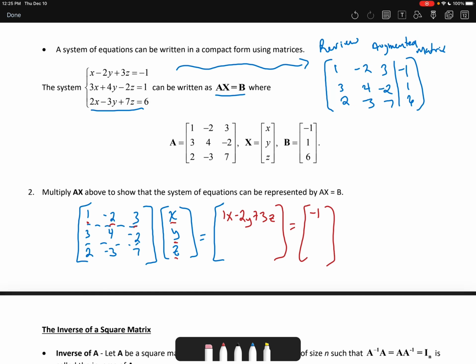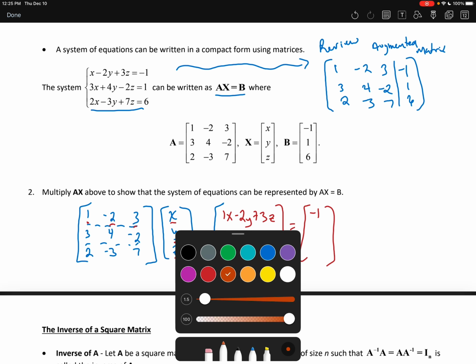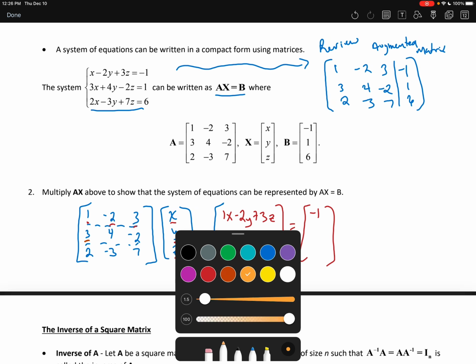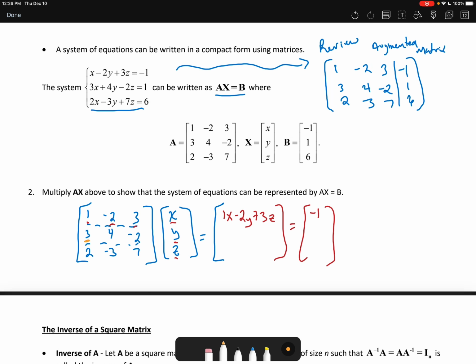If I do my next row, I'll get 3x plus 4y plus negative 2z. And what is that equal to? That's equal to 1.